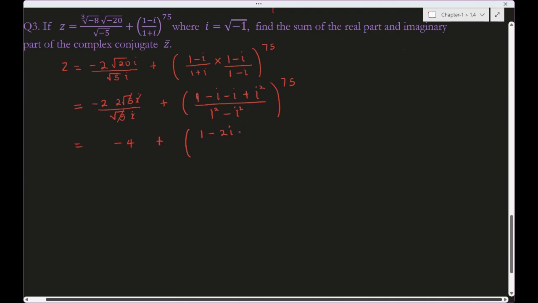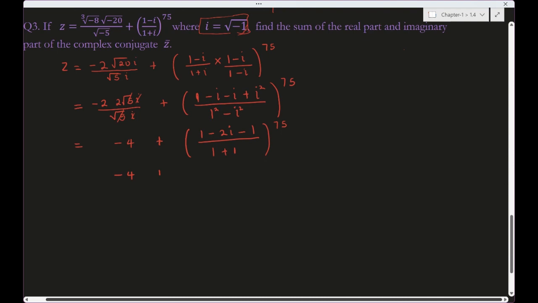I squared we know is minus 1, so this will be minus 1 over 1 plus 1, because we know this is i squared. i squared is minus 1, as you can see from here. If you square both sides, you will get i squared is minus 1. So this is over 75.